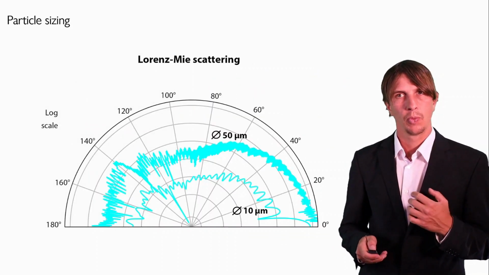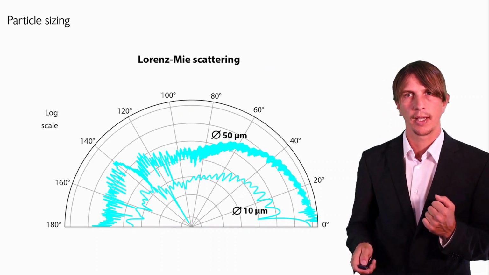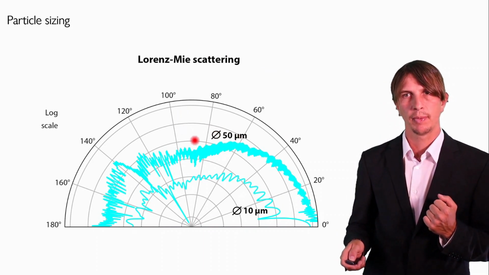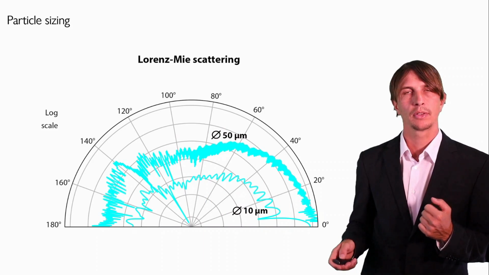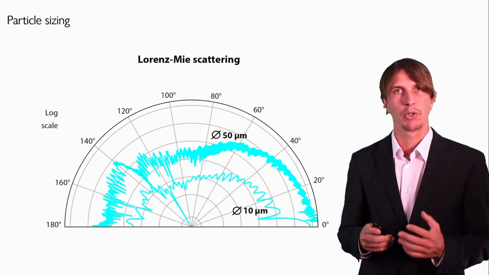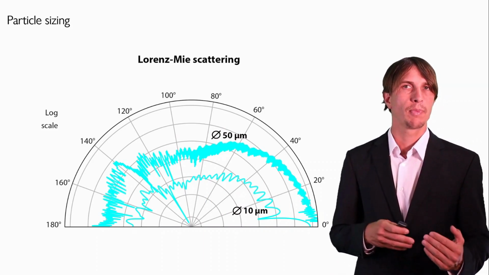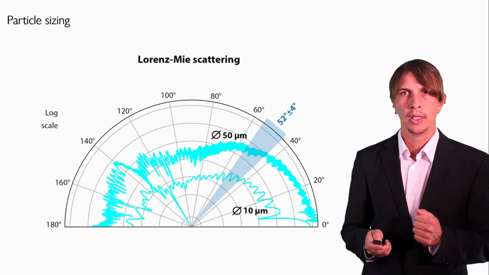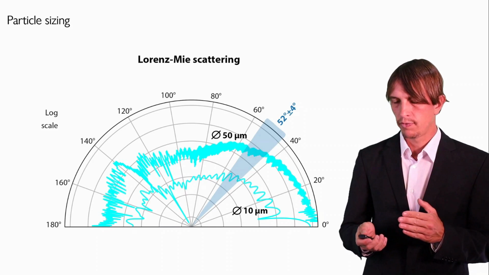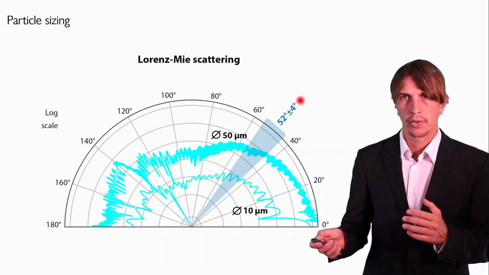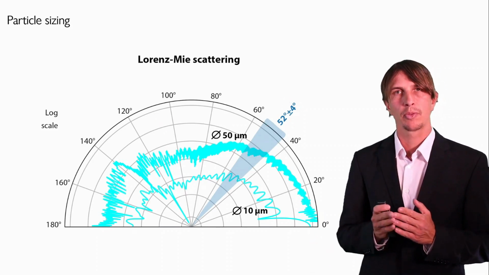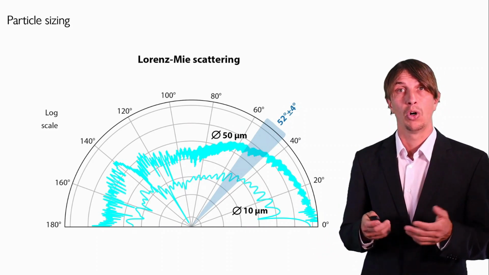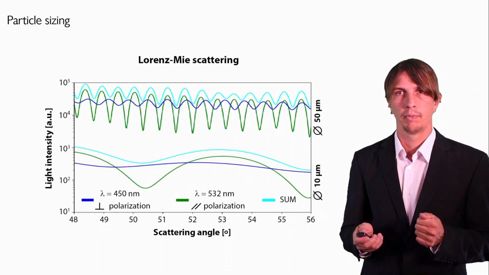To do that, we are using the Lorenz-Mie theory. Here are two examples, one for 50 microns and one for 10 microns, in order to obtain a calibration curve that will be experimentally validated. Using the Lorenz-Mie theory, we also consider this 52 plus or minus 4 degrees, which corresponds to the detection of our objective.